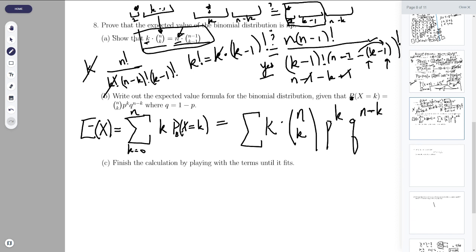And so here we're going to say k is equal to 0 to n. And this is the expected value formula for the binomial distribution. Now, of course, here I have to actually erase some of this stuff so that you can see what we're going to eventually prove. We're going to prove that the expected value of the binomial distribution is np.